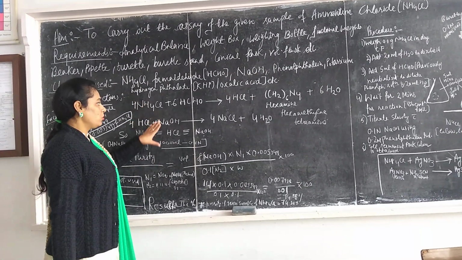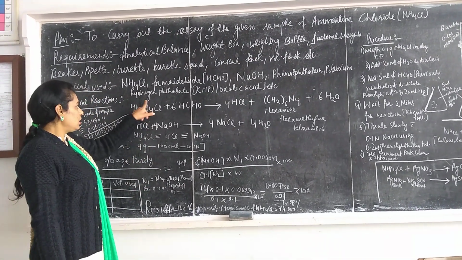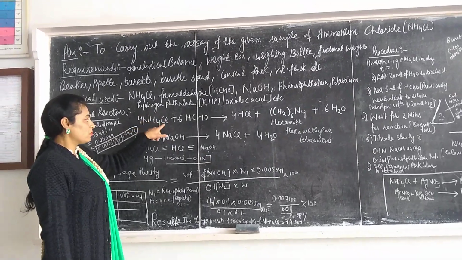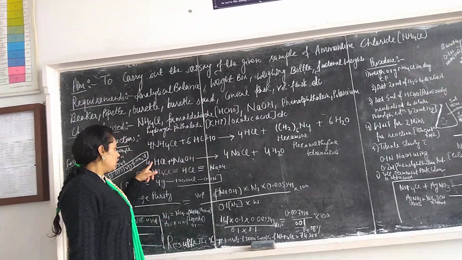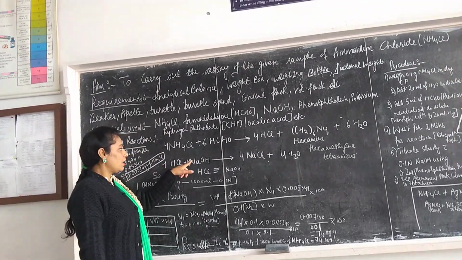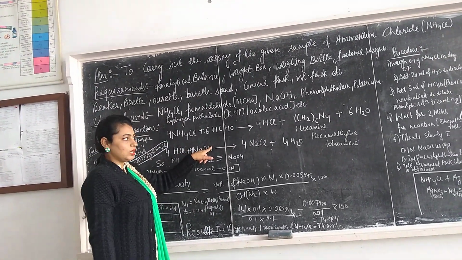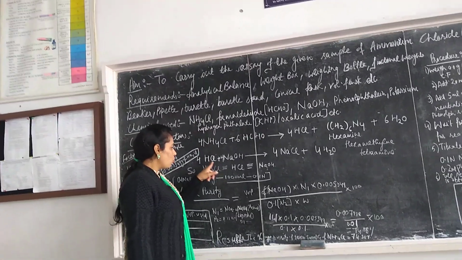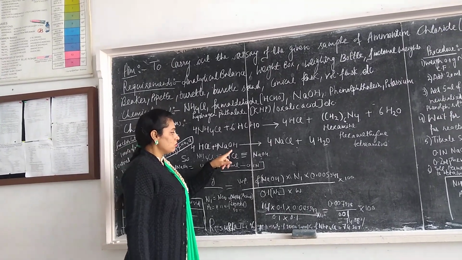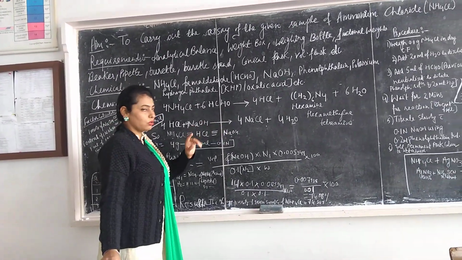So from the above two reactions, we can say, see here 4 moles of ammonium chloride are used to give 4 moles of HCl. Then 4 moles of HCl are reacting with 4 moles of NaOH. So from the above two reactions, we can say our ammonium chloride is equal to HCl and is equal to NaOH.